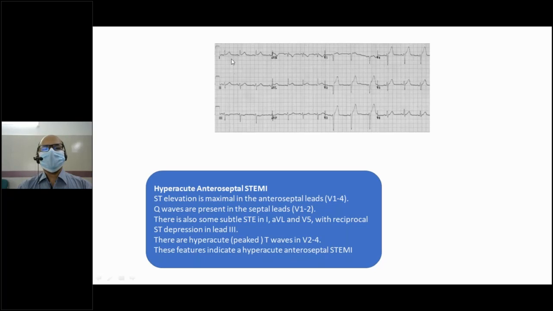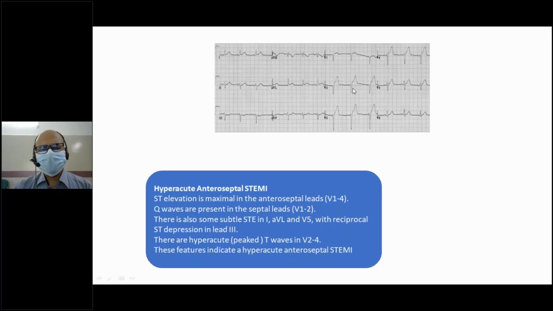This patient has ST segment elevation, usually more significant in V1 to V4. So this patient has ST elevation maximal in the anteroseptal leads as well as Q waves. This is called pathological Q wave, usually present in V1 as well as V2.